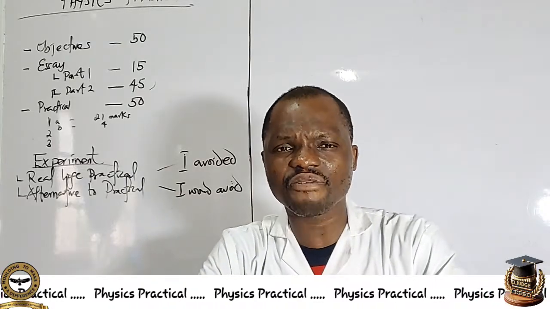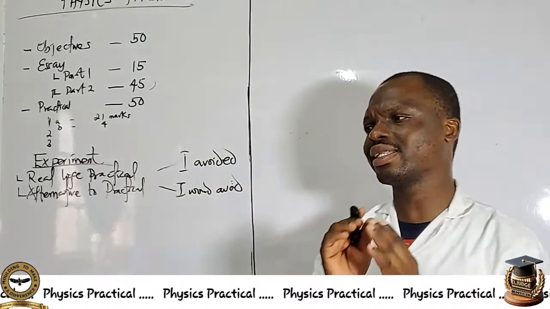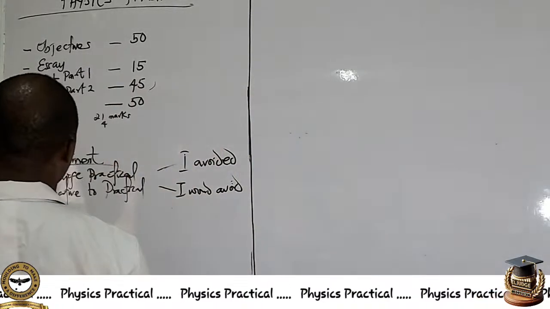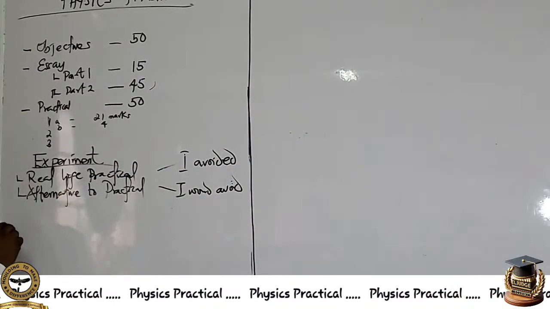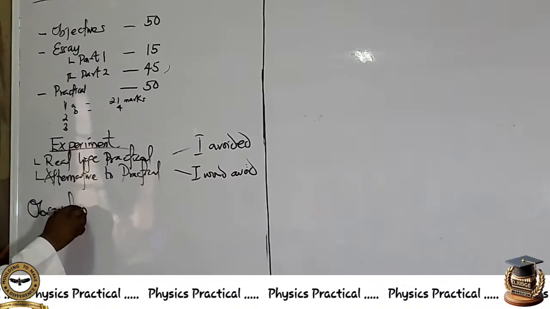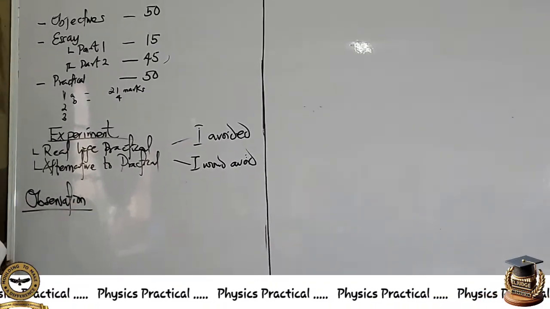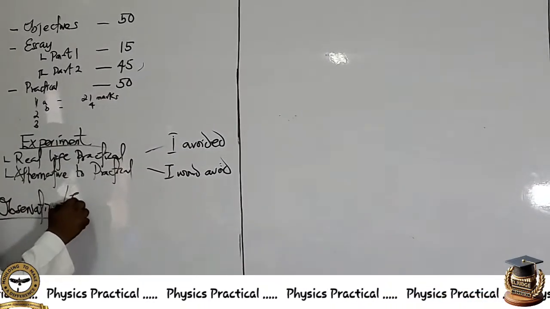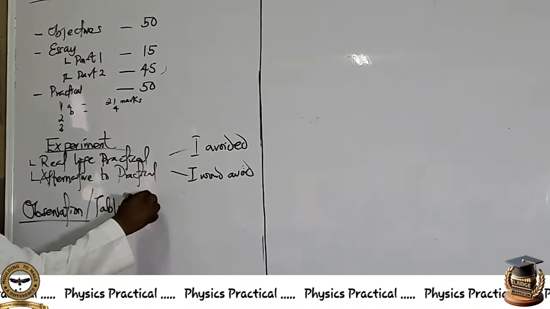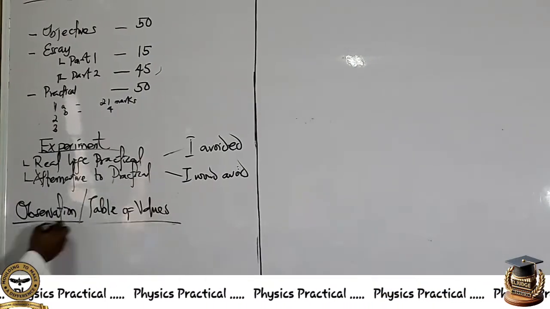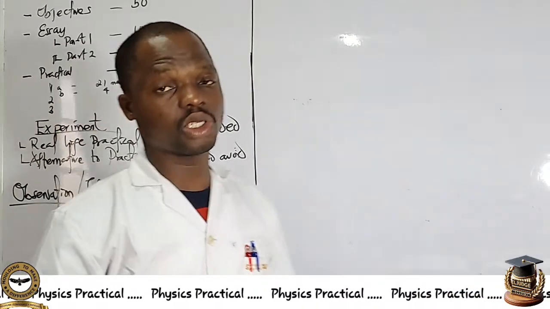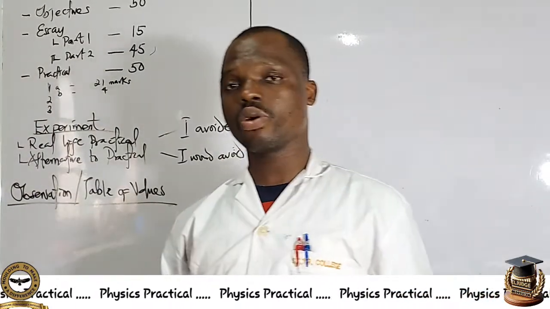So the first thing that your examiner is going to look at is the table of values. When we're marking, we call it table of values, table of readings, any way you call it. This carries the majority of the marks in your practical.